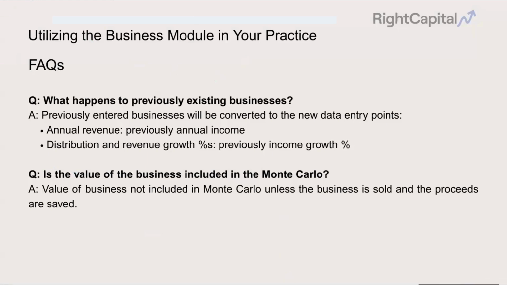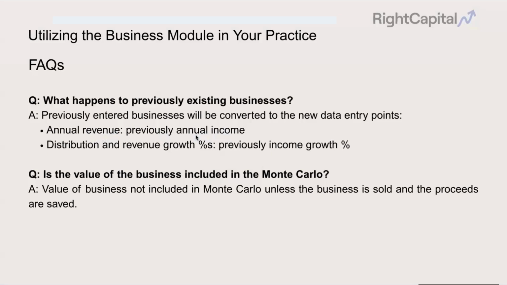So two of the most popular ones, what happens to previously existing businesses? Previously existing businesses will have been converted to the new data entry points. The two biggest ones that are going to have the most impact are going to be our annual revenue field. It was previously annual income. You'll remember there was an annual income field within the older way to enter businesses within Right Capital.